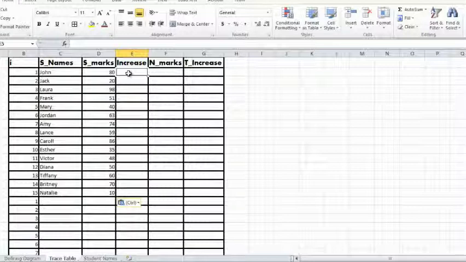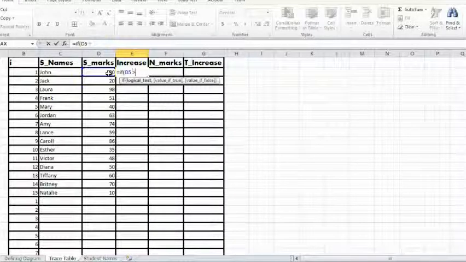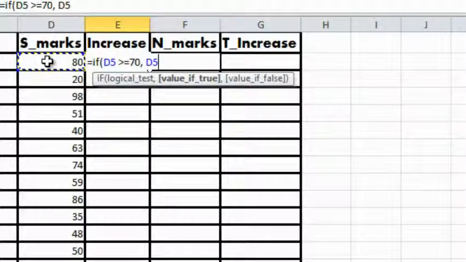Now you can simply find the percentage based on the marks, but I'm going to do an IF function, and we're going to simply put IF, and if our mark is more than or equal to 70, then what do we do? We find 5% of that, so the mark is multiplied by 5 divided by 100.